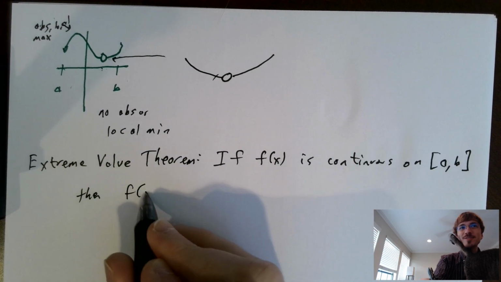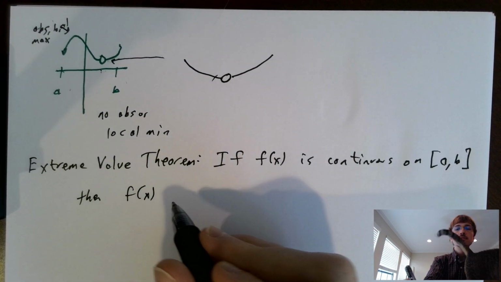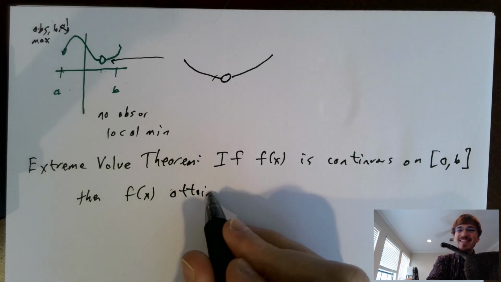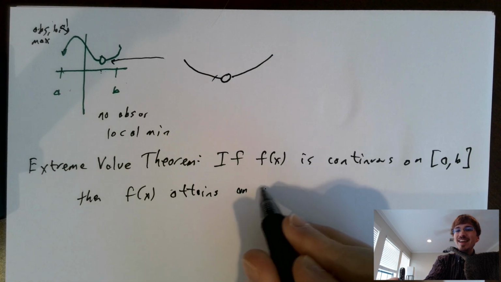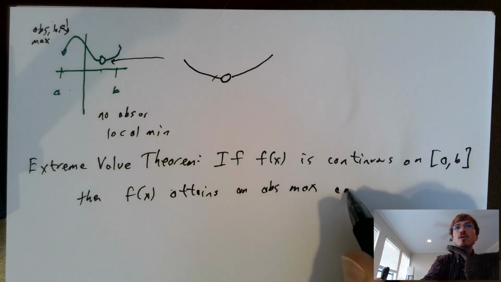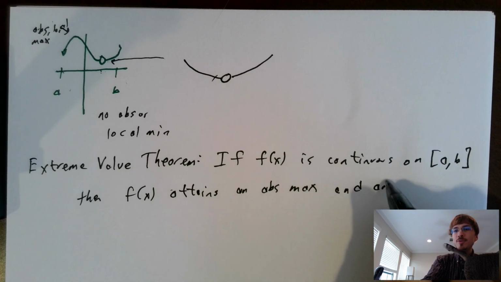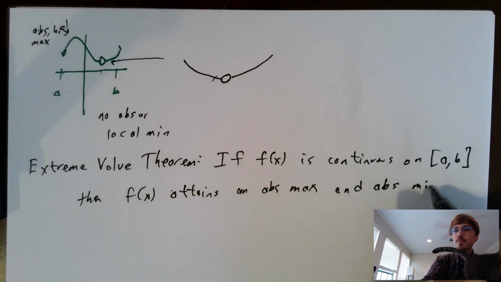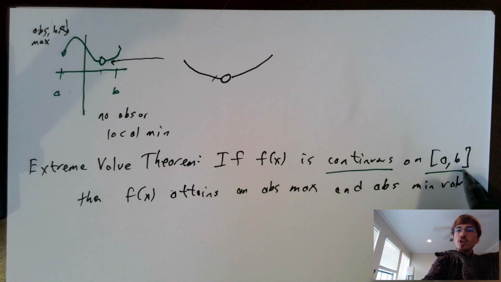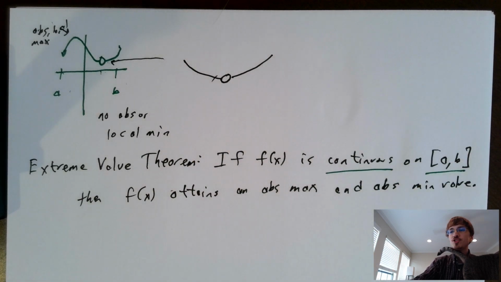Then f of x attains an absolute maximum and an absolute minimum value. But it must be continuous on a closed bounded interval. Okay? And that's super, super important for us.